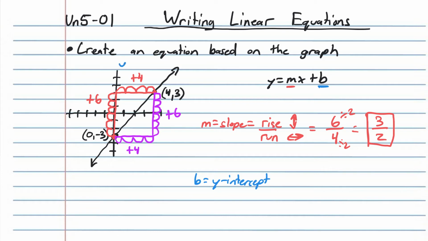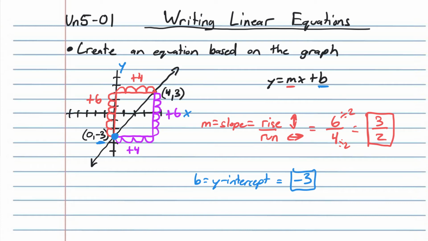Remember, the y-axis is the up and down axis. In this question it's very nice and obvious. It crosses the y-axis right there at -3. So they essentially gave us the y-intercept right off the bat, and we know the b value is -3.